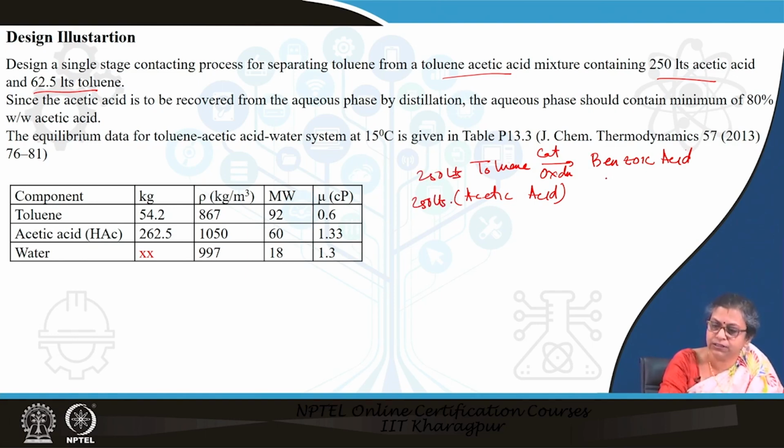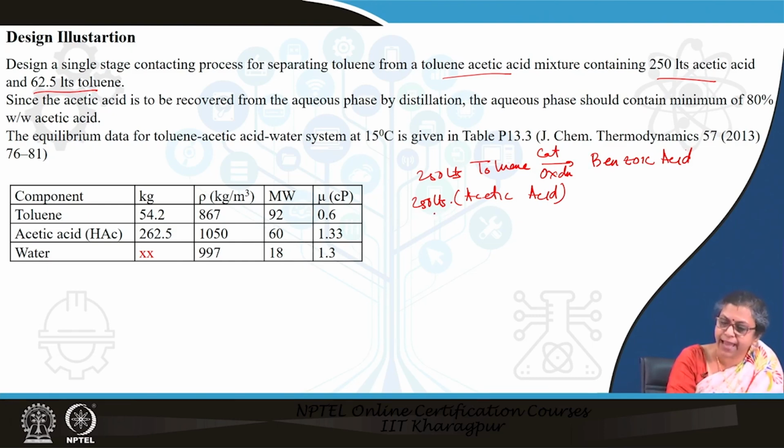The reaction occurred and about 75% conversion of toluene took place. Then we were left with benzoic acid, the unreacted toluene and the acetic acid. This was cooled by putting it in cold water. The benzoic acid crystals separate out, and we have this particular mixture where we have toluene. As I have told you, 75% is reacted, so the remaining amount of toluene is 62.5 liters and it has 250 liters of acetic acid.